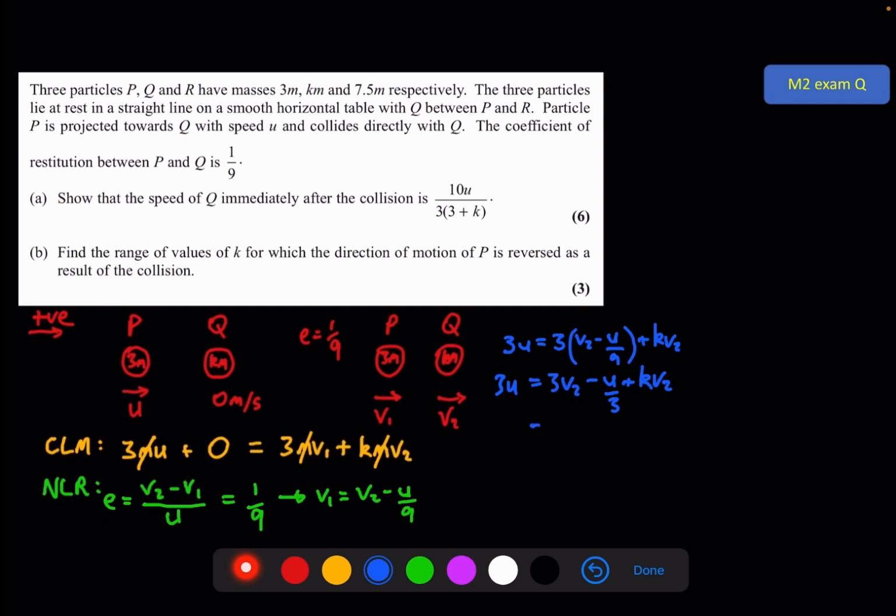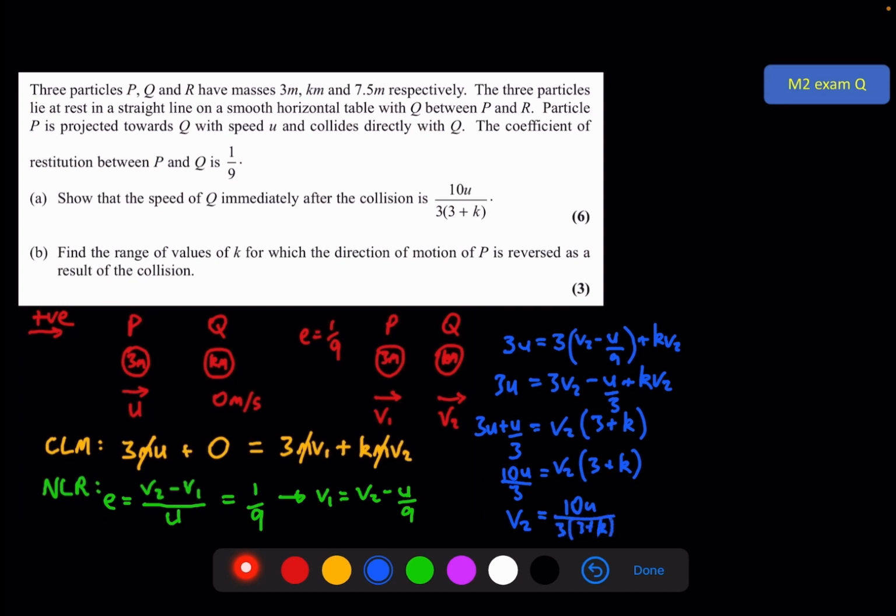Collect the v2's and factorize them out. Combine those two, gives us 10u/3 is equal to v2 times (3 plus k), and then divide through, and we get v2 equals 10u/(3(3 plus k)) as required in the question.